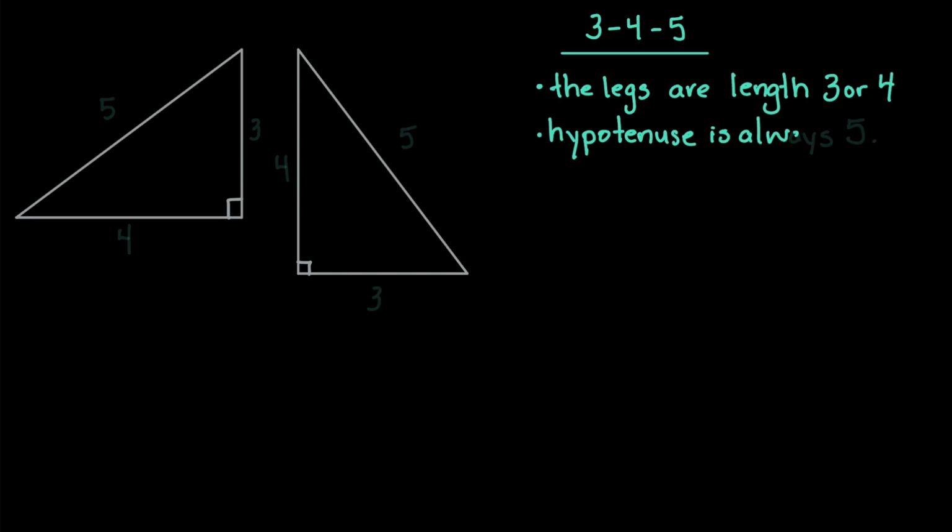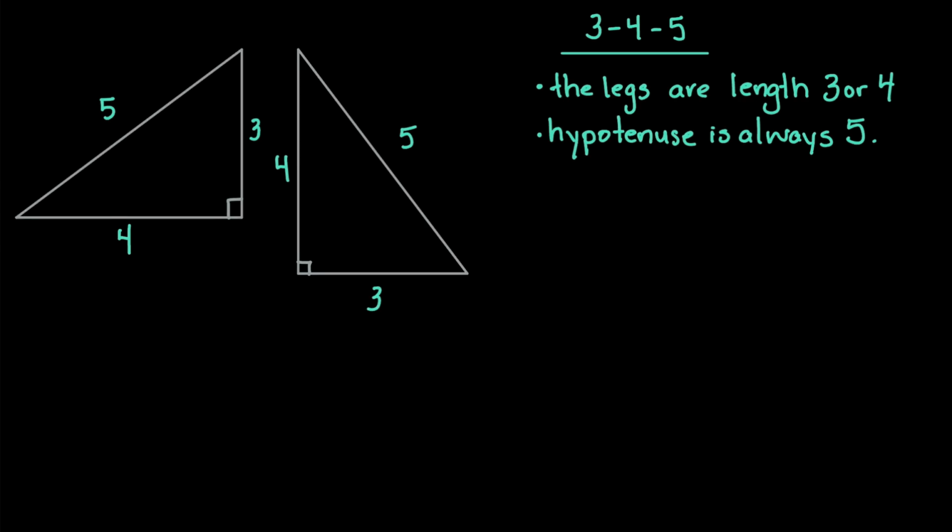And we should know that because the hypotenuse should always be the longest side, because for a right triangle, it's always going to be across from the largest angle. So if we're looking at our triangles over here, we know the hypotenuse is 5, the shorter leg is 3, and the longer leg is 4. Same here, hypotenuse is 5, longer leg is 4, shorter leg is 3.